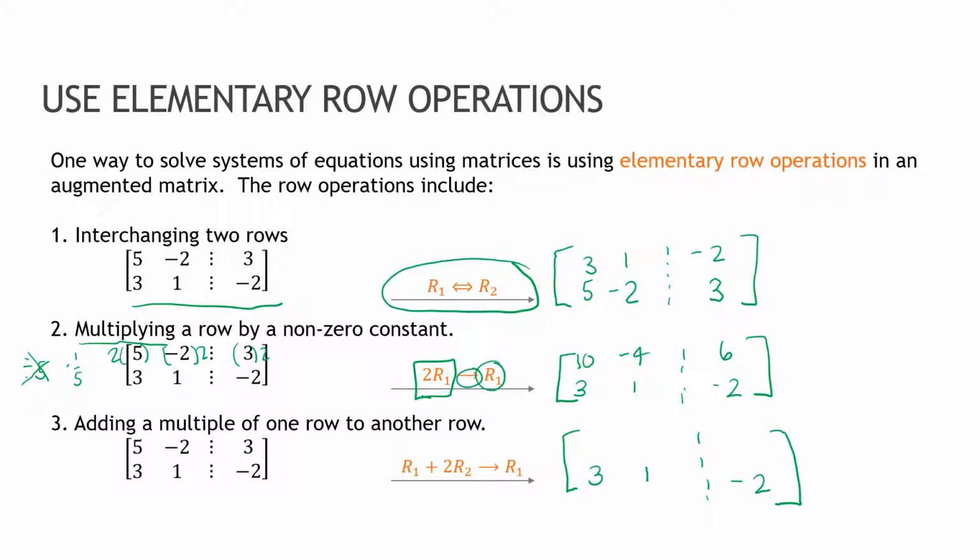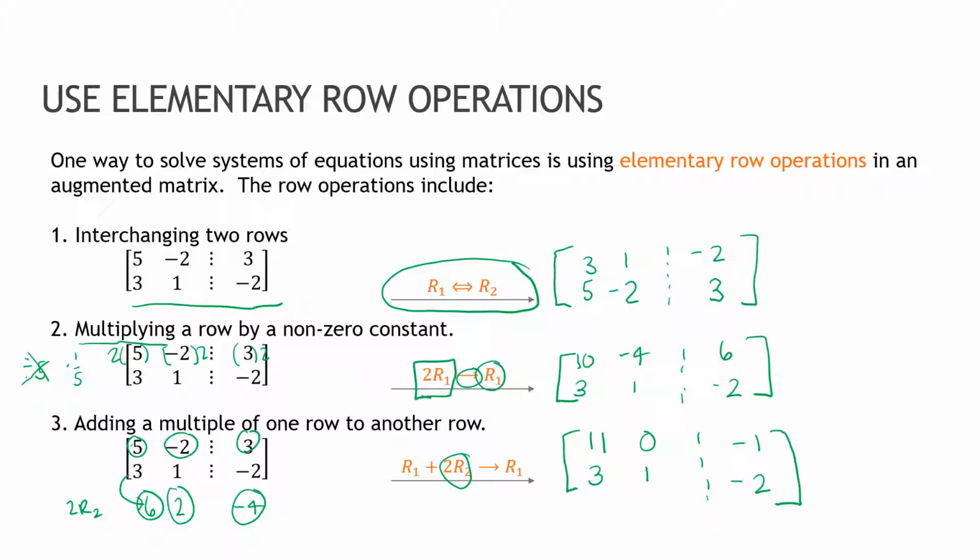My new row 1 is to take the existing row 1 plus 2 row 2's. So I just do the math in my head, but if you want to write out what 2 times row 2 is, this would be 6, 2, and negative 4. That would be 2 row 2. And then I'm adding 5 plus 6 to get 11, negative 2 plus 2 to get 0, and 3 plus negative 4 to get negative 1.